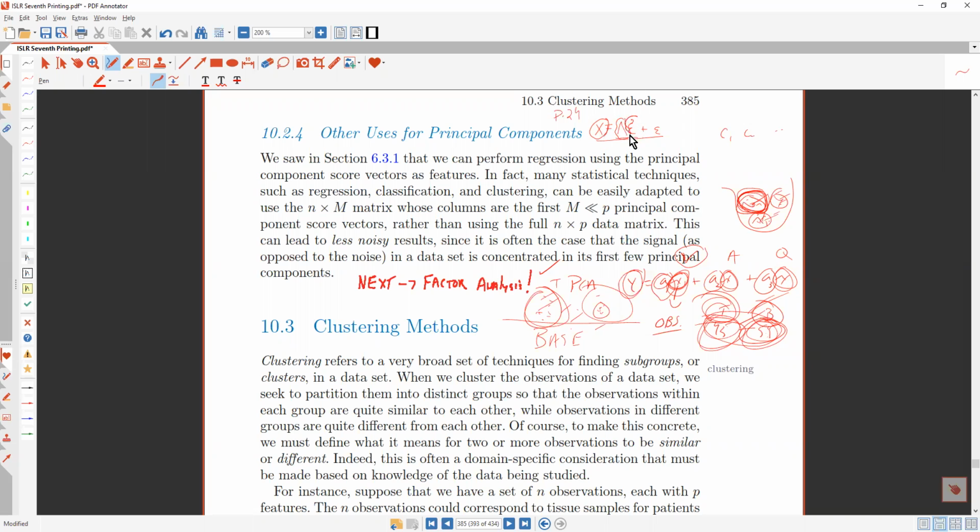So these here are unobserved. Let me try again. Okay, these are unobserved.